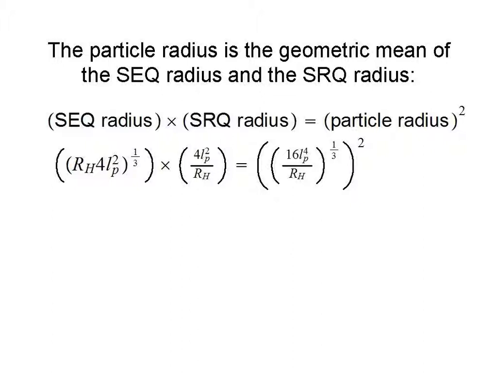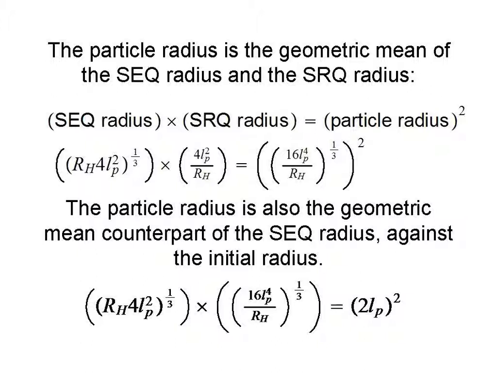And what we find is that the particle radius is actually the geometric mean of the small energy quantum radius and the small radius quantum radius. That is, we'll multiply the small energy quantum radius by the small radius quantum radius, and we get the particle radius squared. And we've seen some time ago, and we use it a lot, that the particle radius is the geometric mean counterpart of the small energy quantum radius against the initial radius.